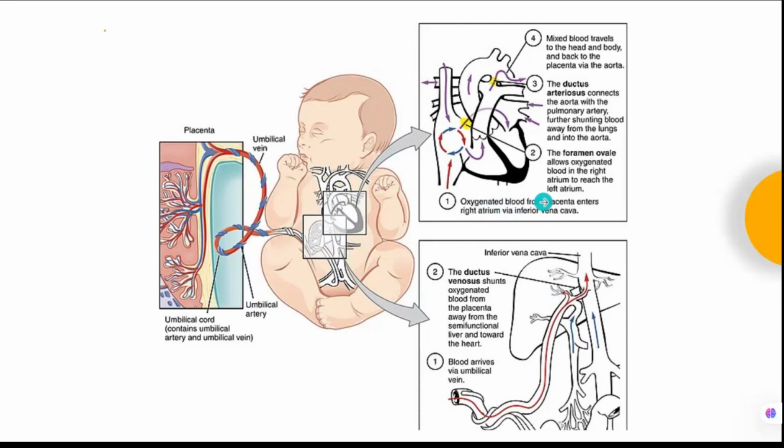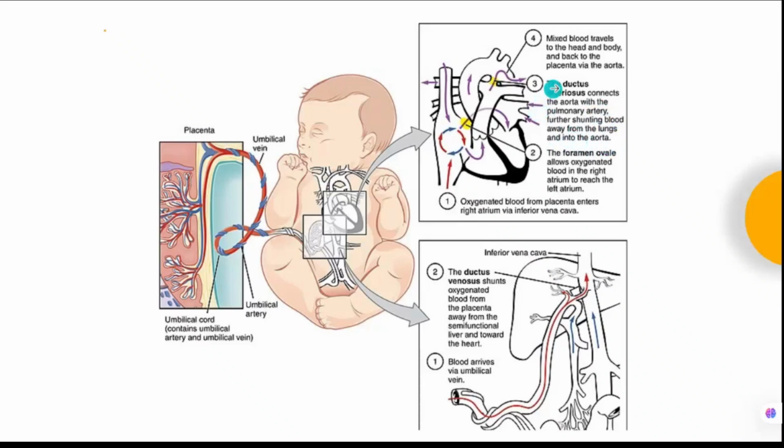Oxygenated blood from the placenta enters the right atrium via the IVC. The foramen ovale allows the oxygenated blood in the right atrium to reach the left atrium. So through the foramen ovale, it will go into the left atrium. Then the ductus arteriosus connects the aorta with the pulmonary artery, further shunting the blood away from the lungs and into the aorta.